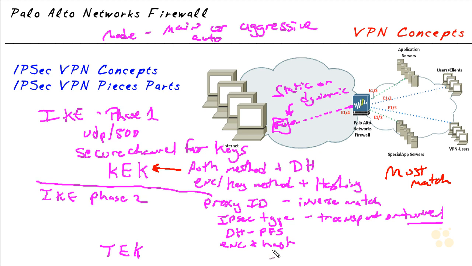And again, I'll have a lifetime. All of these things, once again, other than the lifetime, which will be lowest value, must match. This, again, is my transform set for IKE phase 2. But what I'm getting out of here, phase 1 gives me my KEK, phase 2 gives me my TEK. This is what I actually use to encrypt the traffic through the tunnel.